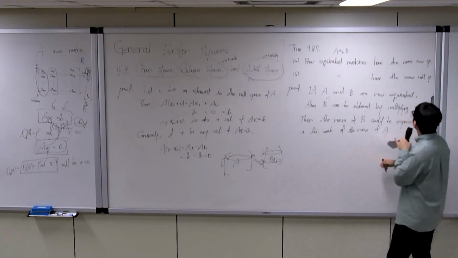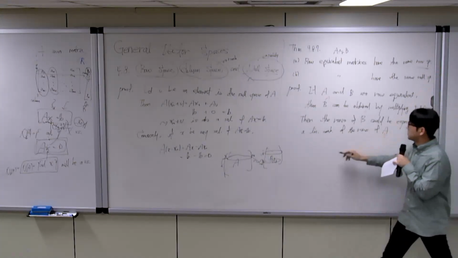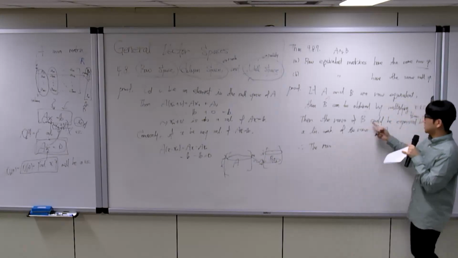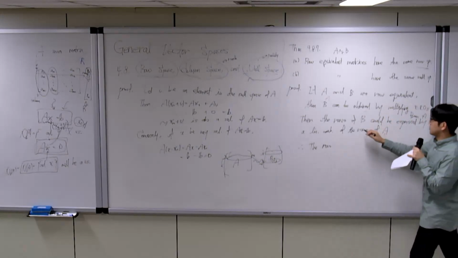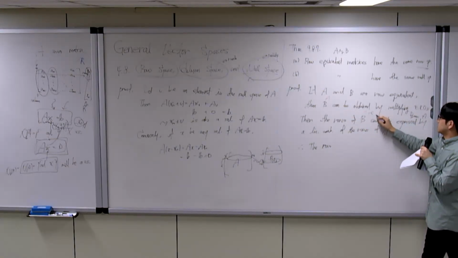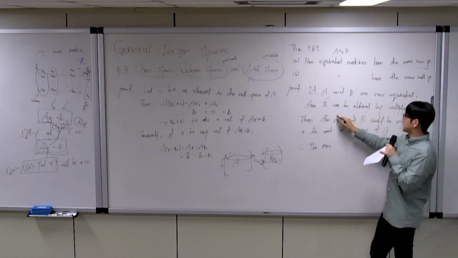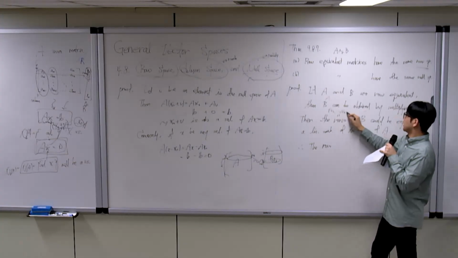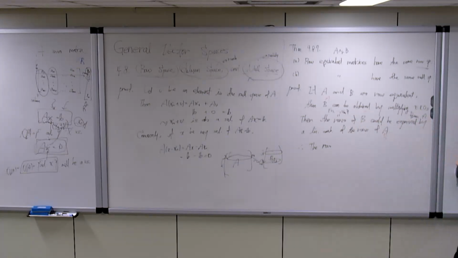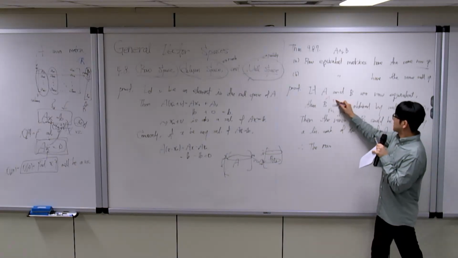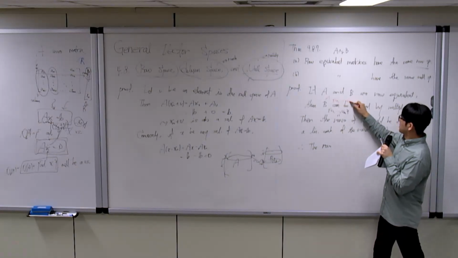So the row space. If you consider the row space of A, the rows are V1 to Vm, and the row space of B is W1 to Wm.